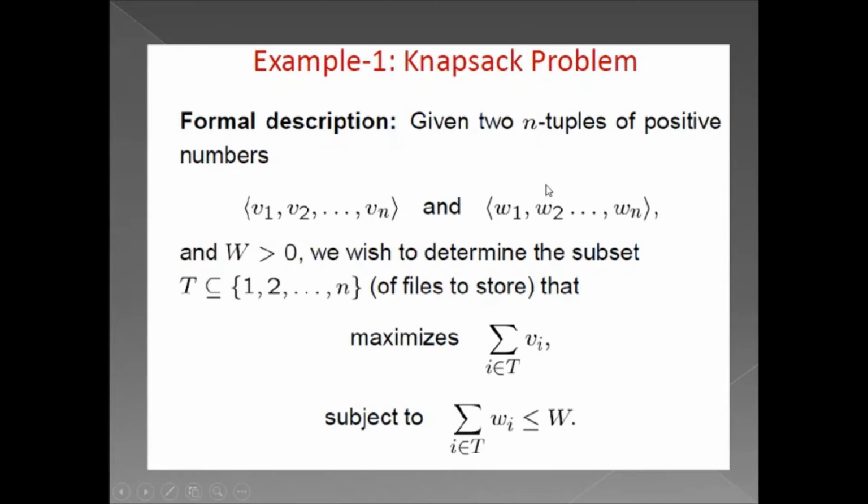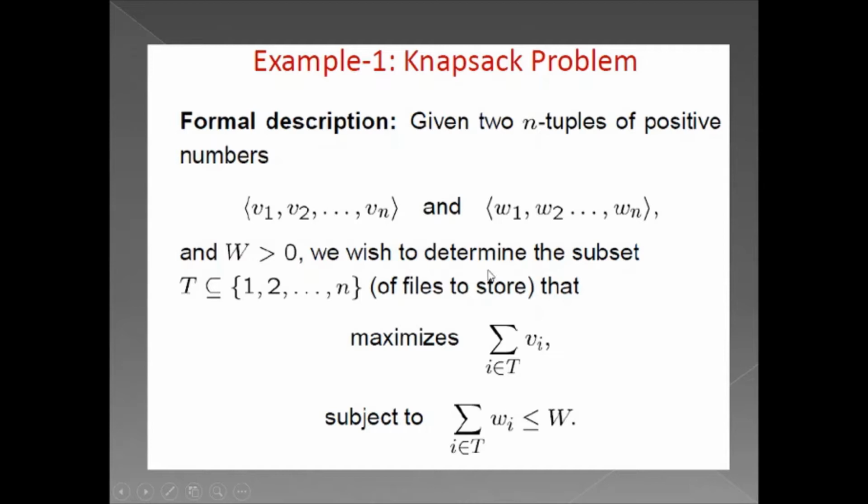Some of the problems we consider for approaching through dynamic programming are the knapsack problem. This is an optimization problem where we have a set of values and a set of weights, and a total weight greater than 0.